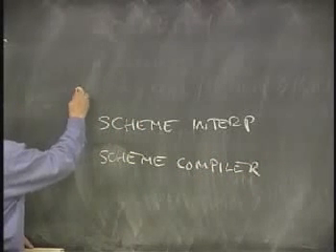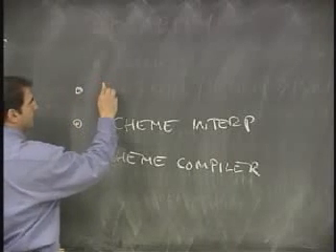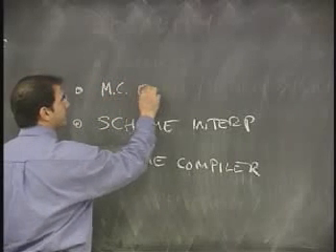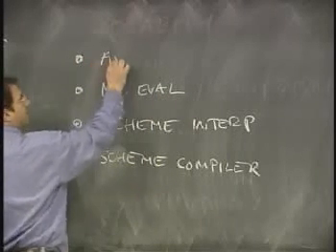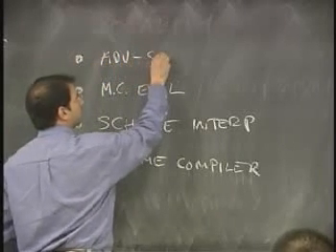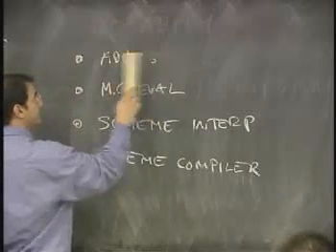On top of this, now we are adding the metacircular evaluator. And on top of that, we're implementing ADU Scheme.